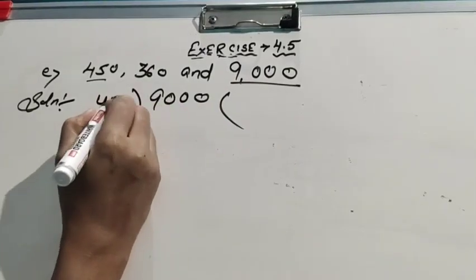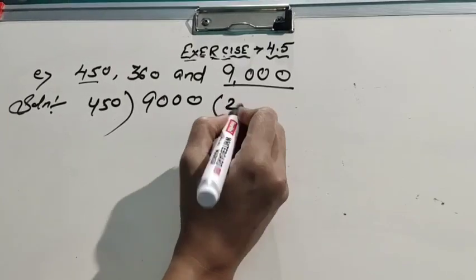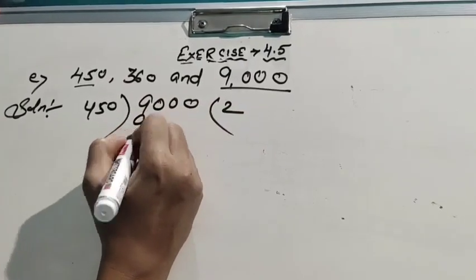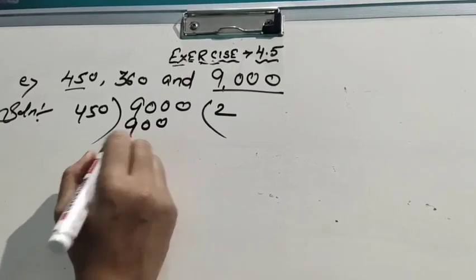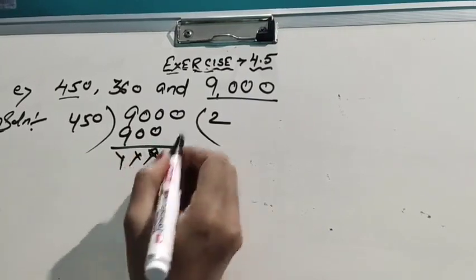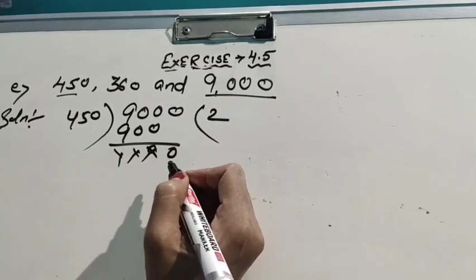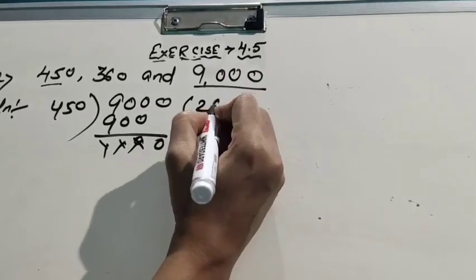So 450 we will divide 2 times, which is 900. Yes, 900. Now 0 is left, so we will put this 0 which is here.